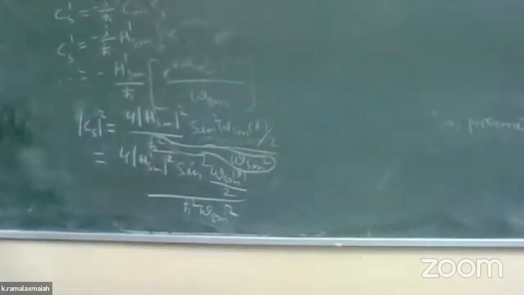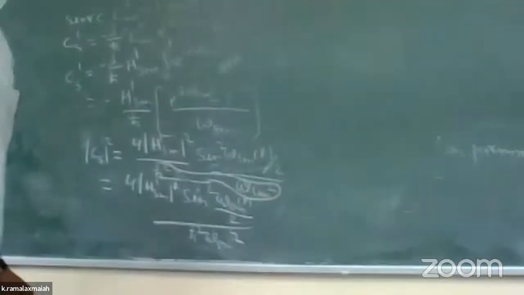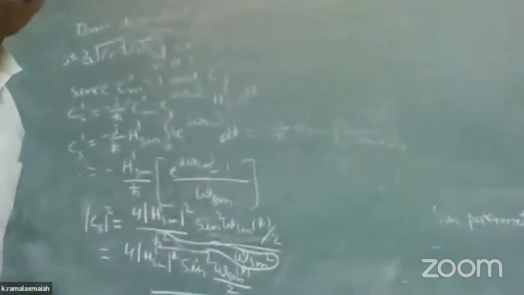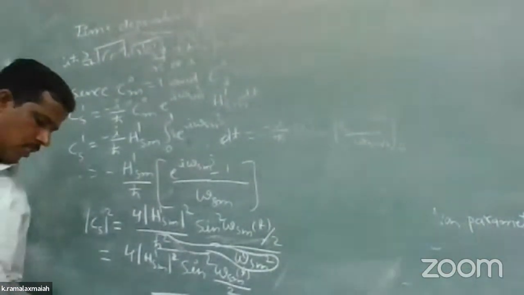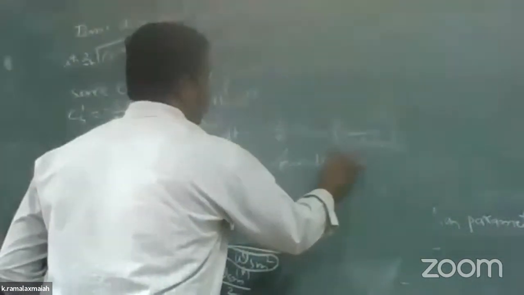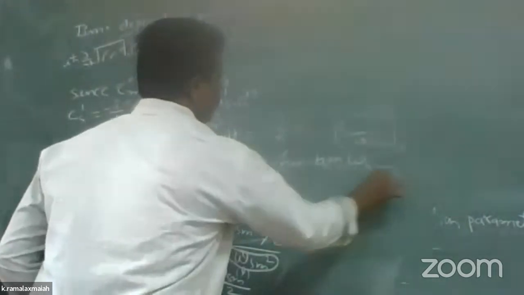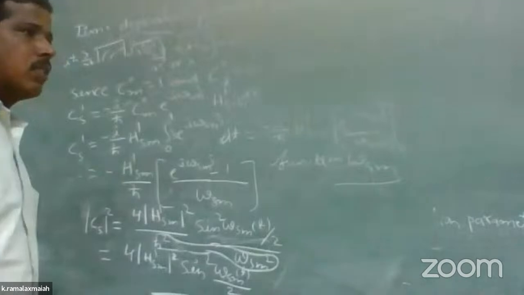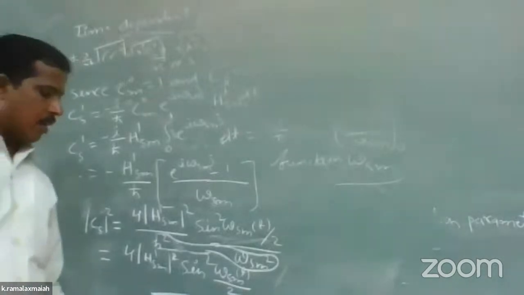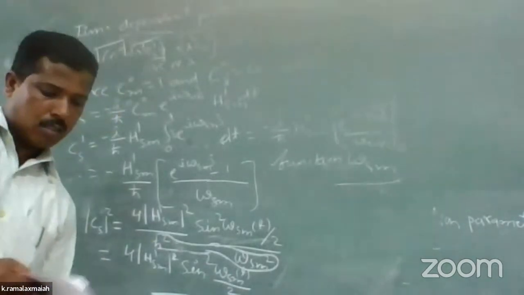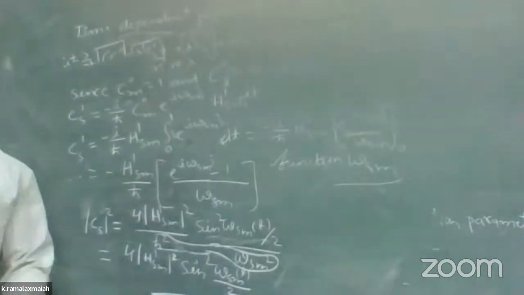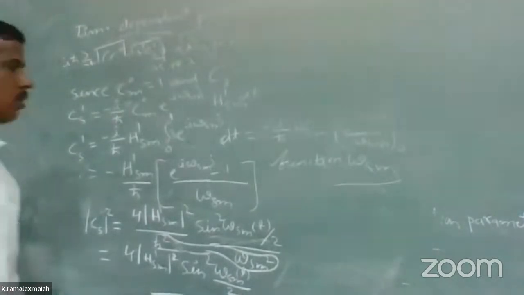This above is plotted as a function of ω_sm. The above is the order of the function, ω_sm, as the period.